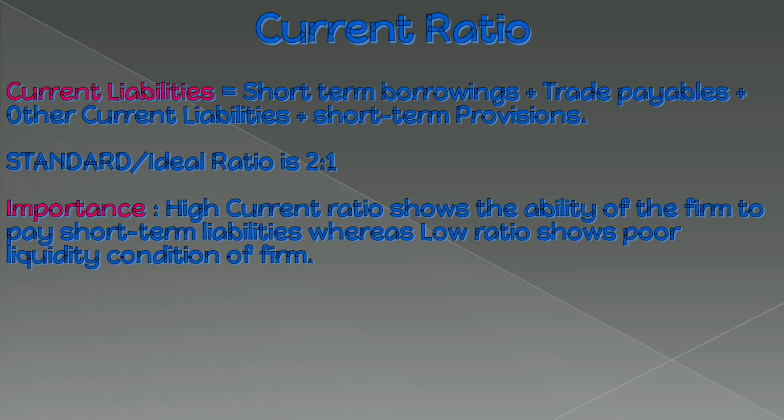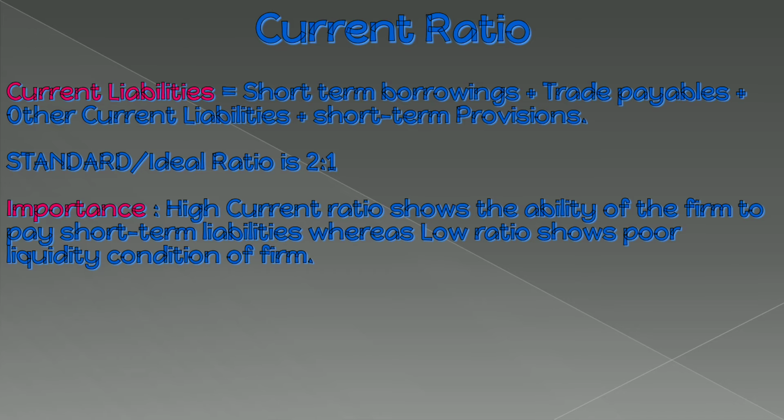This you have to remember. Now, why is this ratio calculated? Here you can find its importance. High current ratio: if somebody's is not 2:1, you understood what 2:1 is, the best ideal ratio. Suppose someone has 3:1, it means it is higher than the ideal. Current assets are 3 times the current liabilities, so it is even better.